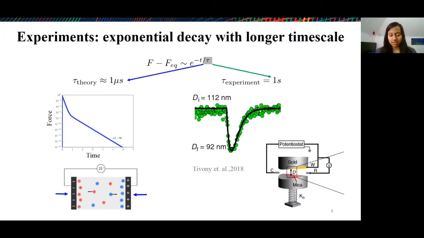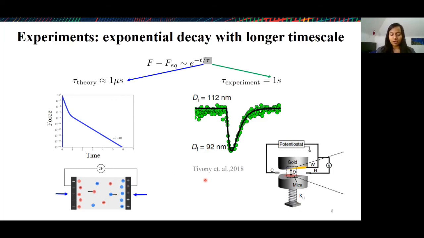In the experimental system, it's really not just ion transport between these two surfaces, but rather ions move from this bulk reservoir surrounding the two surfaces into the gap between the two surfaces. So there is also some component of tangential transport parallel to the electrodes, which is in fact what causes this much larger timescale. So there's definitely room for adding multidimensional transport to our theory.